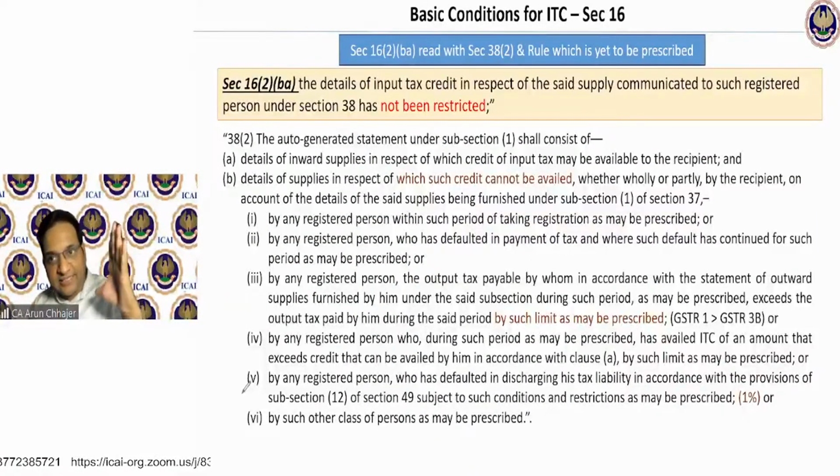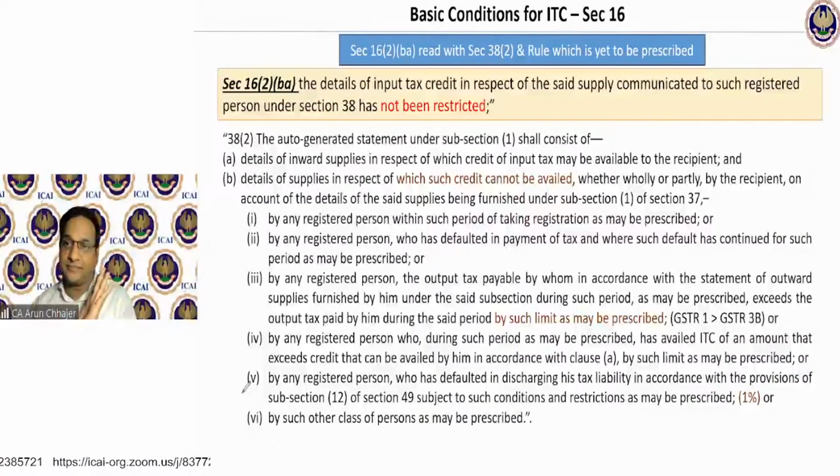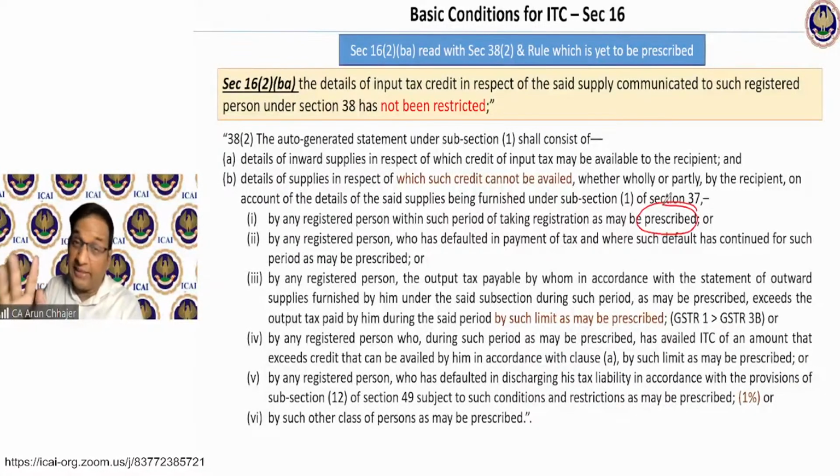Yes, I can say this is the condition which is not possible to comply with on the current date, because the rules are yet to be prescribed. See, in the law, whenever the word prescribed is written in the GST law or any other law, currently I'm talking about the ITC chapter, it means corresponding rules have to be there.